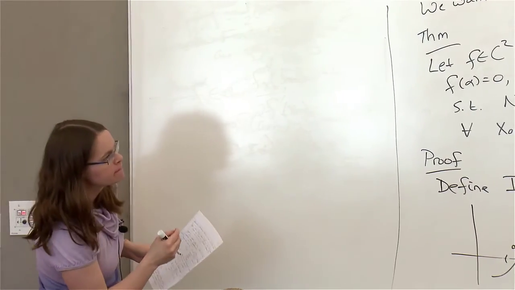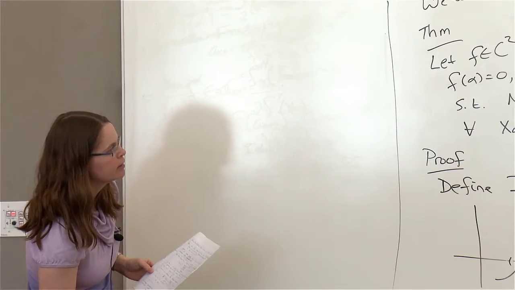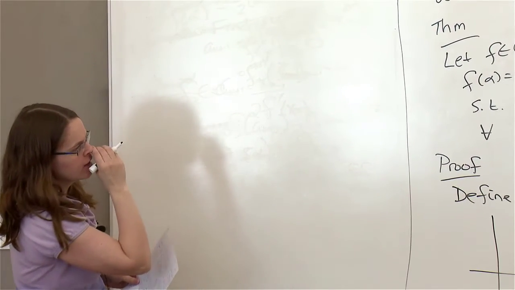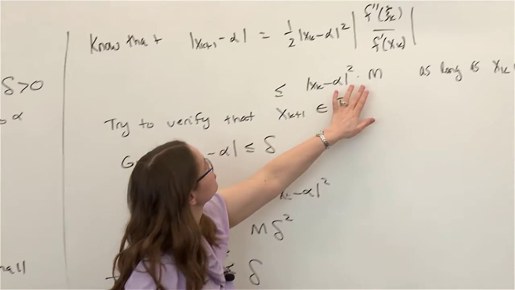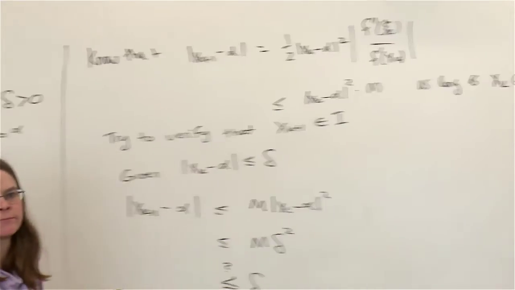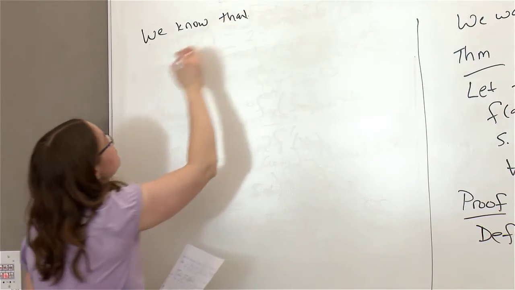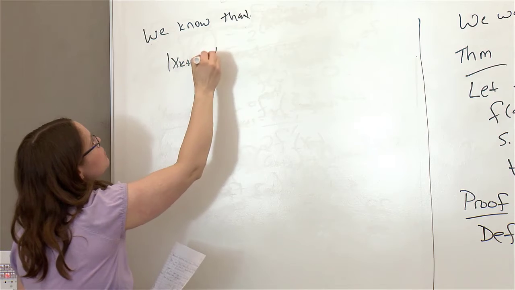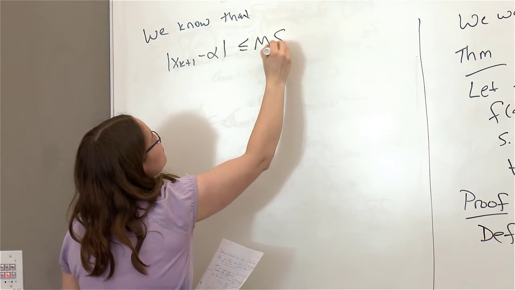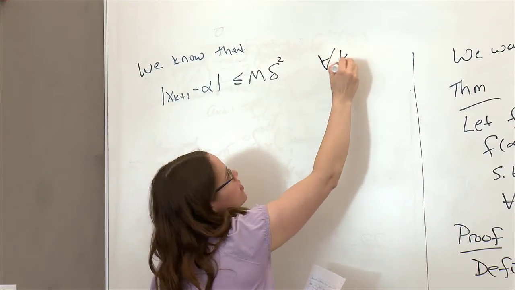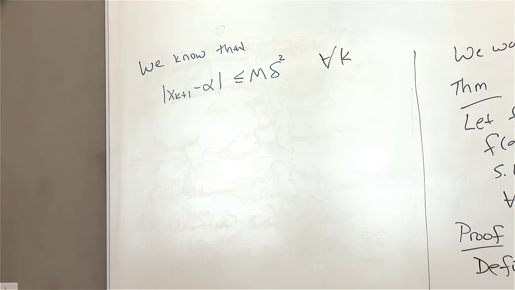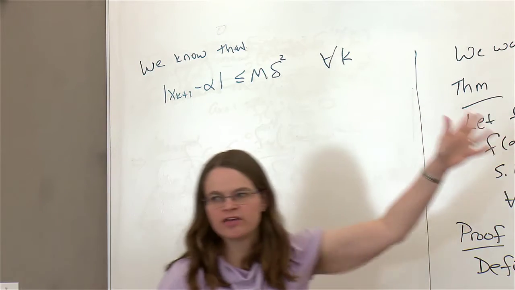I know that xk plus 1 minus alpha is less than m delta squared. And we know this is true for all values of k now, because we always stay in the interval. And as long as we've stayed in the interval, this estimate is valid.